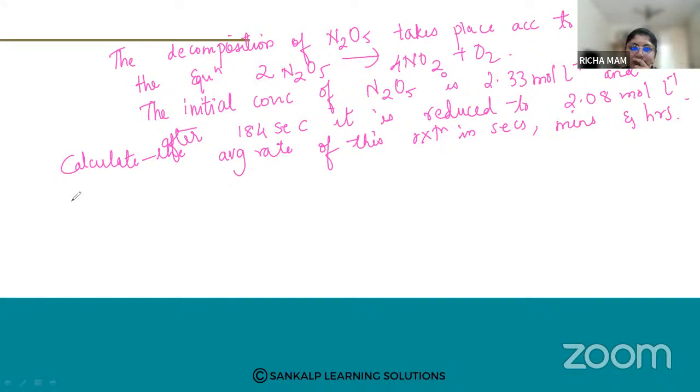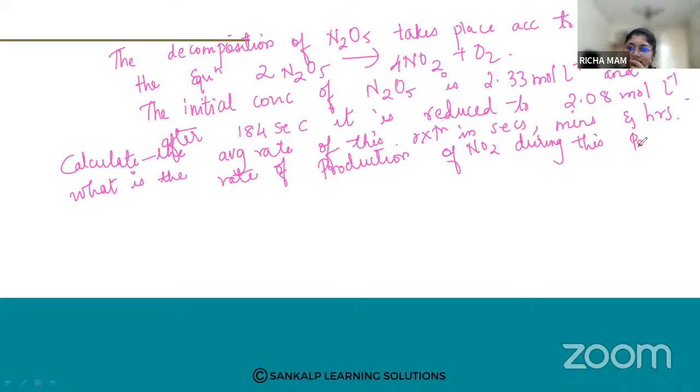What is the rate of production of NO2 during this period? So this is the question given. The decomposition of N2O5 takes place according to 2N2O5 giving 4NO2 plus O2.